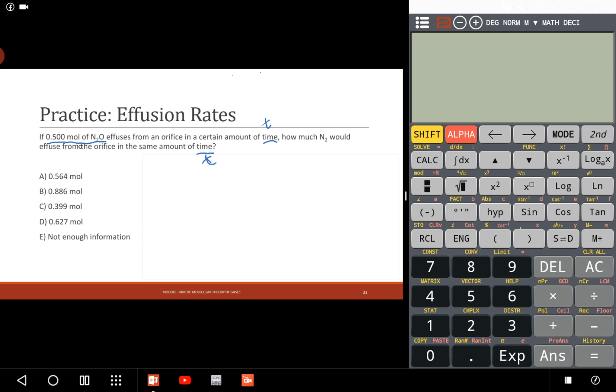So we are looking for the amount of N2. So remember that rate, in this case, is going to be amount per time.